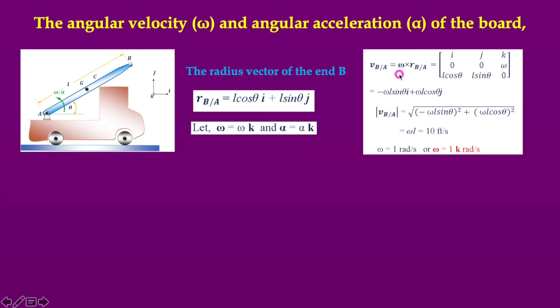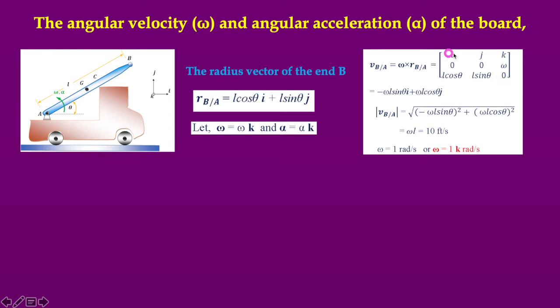And we have already derived in equation 1 that the relative velocity of B with respect to A, means with respect to the track, equals omega cross r_BA, and omega equals what? Omega k, means the i and j components are 0, 0, omega, and here L cos theta i component, L sin theta j component, and no k component, means that equals 0.